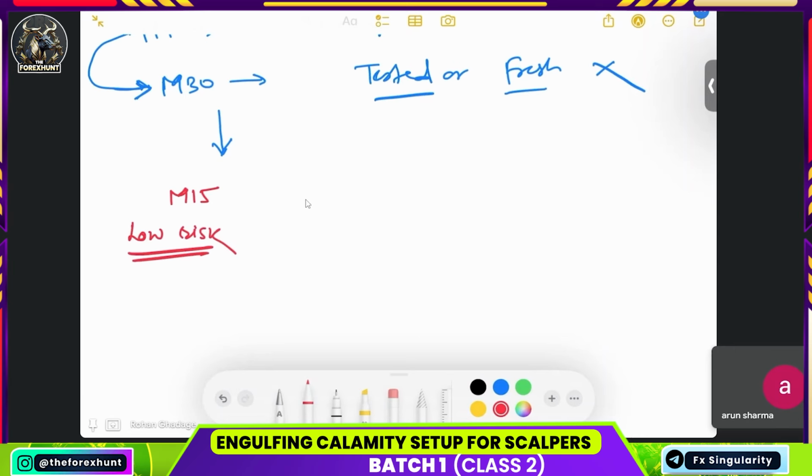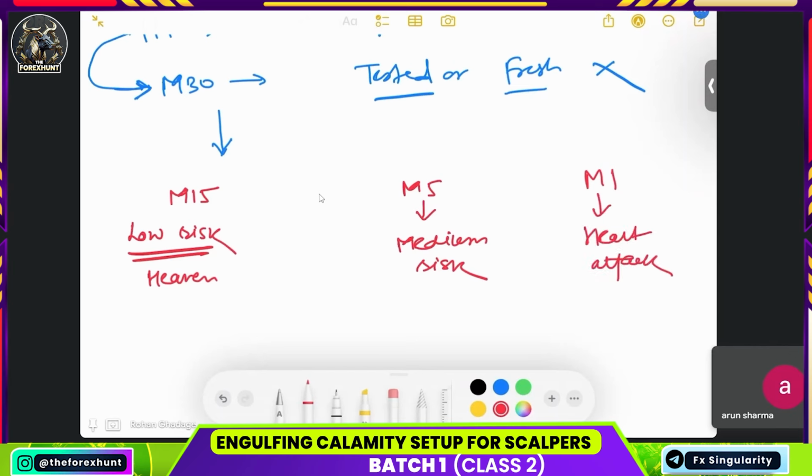Means you can say heaven. If we have M5 confirmation, this is medium risky. If you have M1, this is heart attack. It is always noisy until you understand the volume.